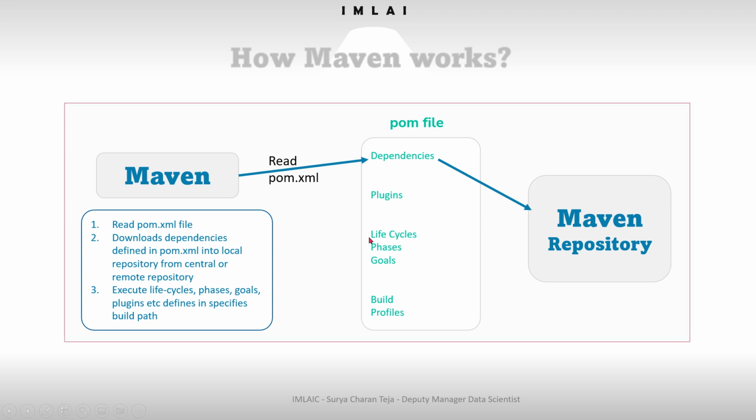The next step Maven does is to execute life cycles. You have mentioned phases, goals, and plugins, and that specifies the build path.